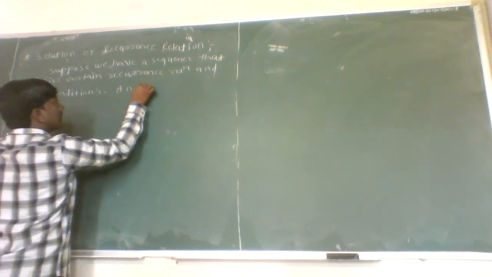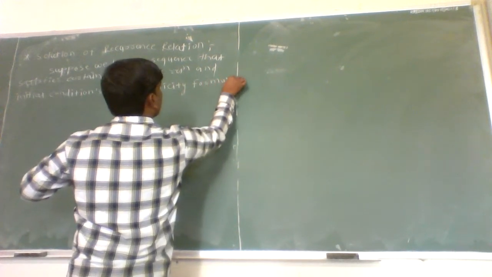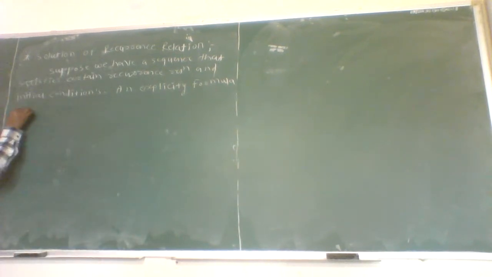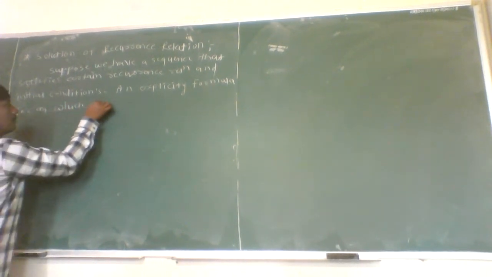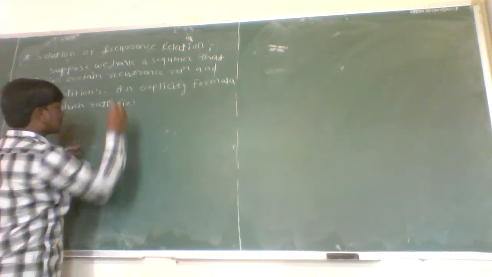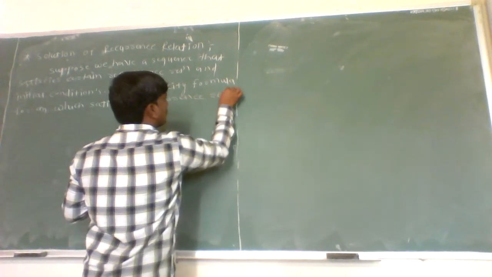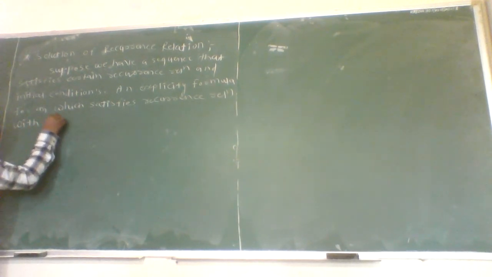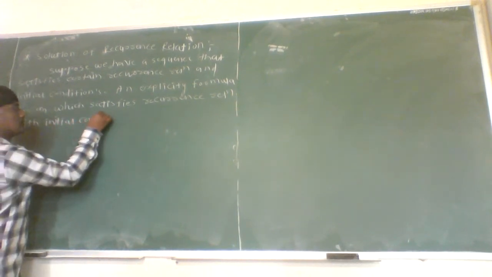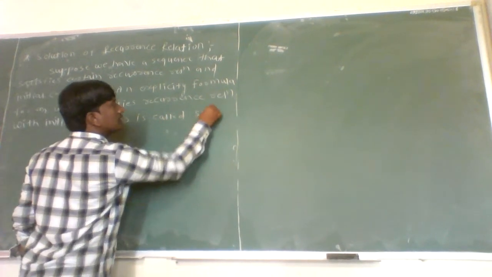Okay. Now, an explicit formula for a_n, that is, the term of the sequence a_n, which satisfies the recurrence relation with initial conditions, is called a solution of the recurrence relation.